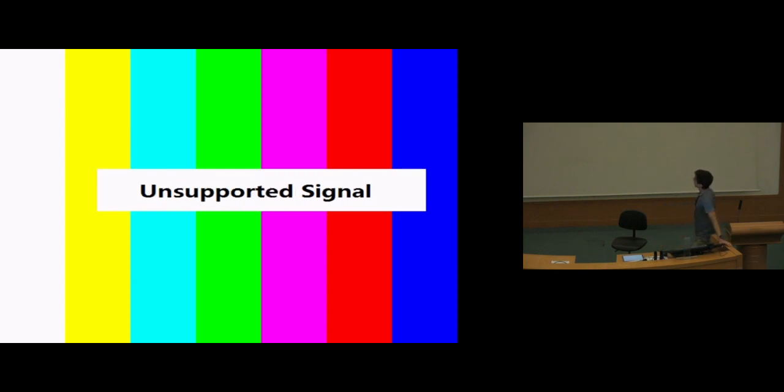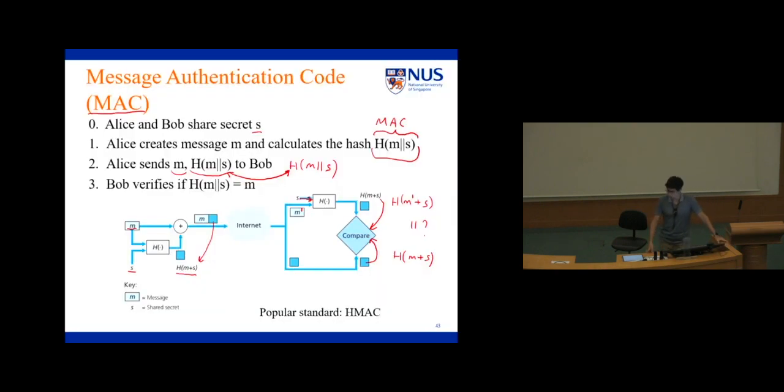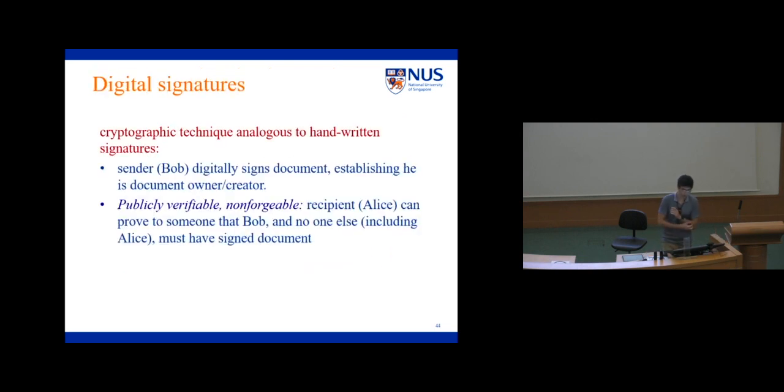Well, luckily, in such a scenario, we do not have to use symmetric key based message authentication codes. We can use something called digital signatures, and they are not really analogous, but they are kind of similar to the physical signatures that humans sign under documents.